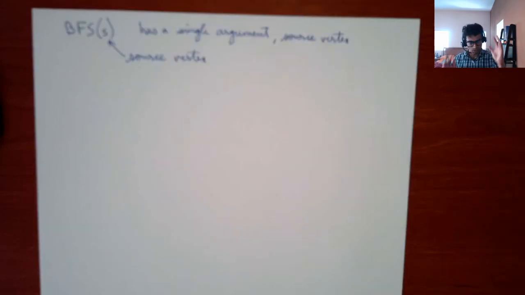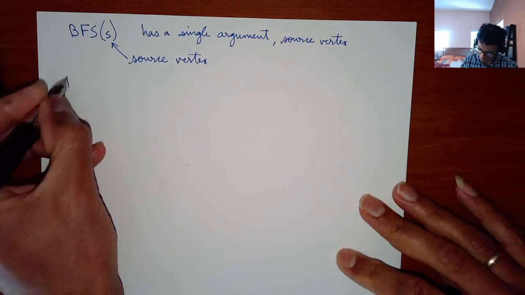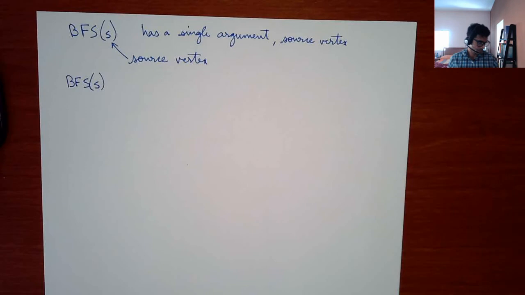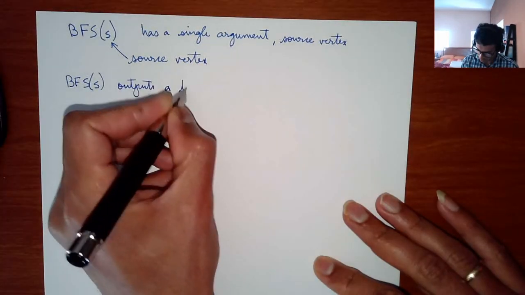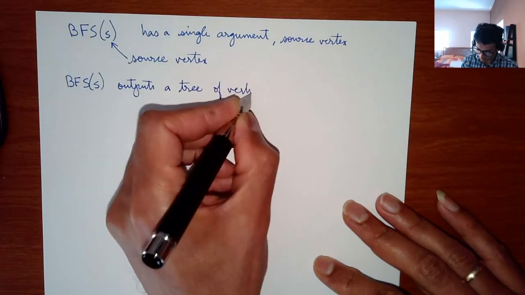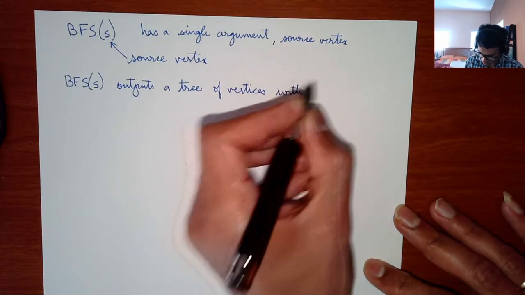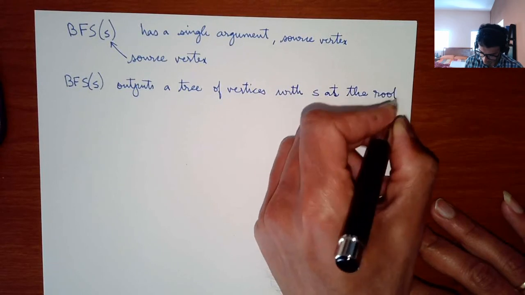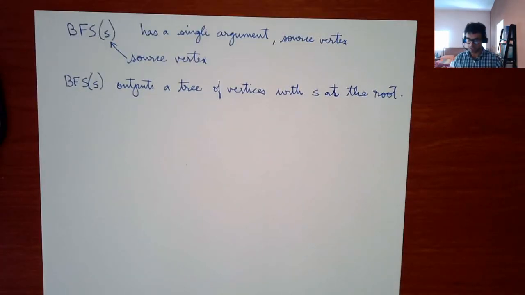I'm just assuming the graph is fixed and this is a method within a graph object. So BFS is going to output something. It outputs a tree of vertices with S at the root.